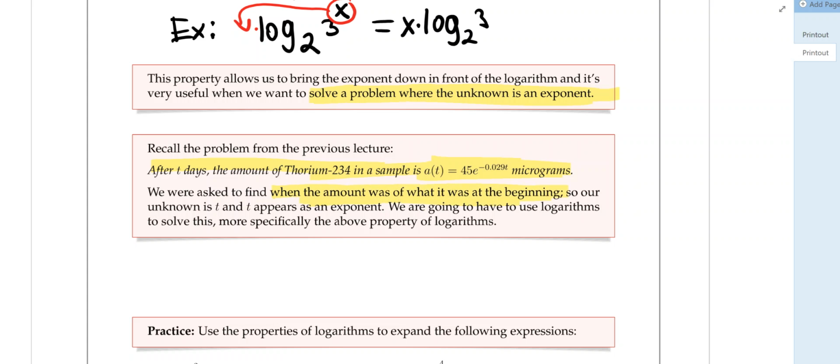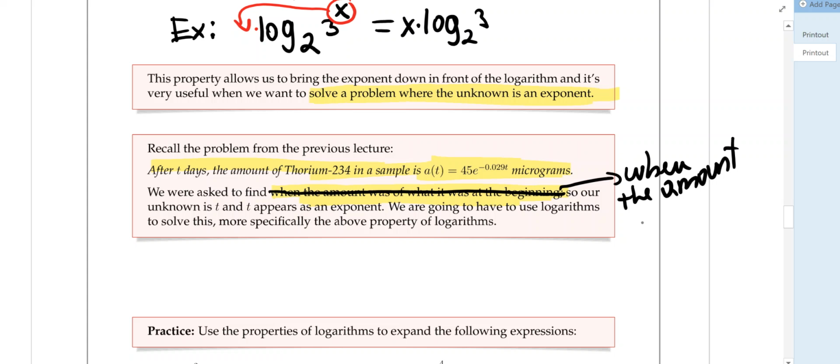So the question is, when the amount of thorium halves. I think that's how you spell that. Don't take my word for it. Okay, so basically you start with 45 micrograms, and then you're asked to find when.